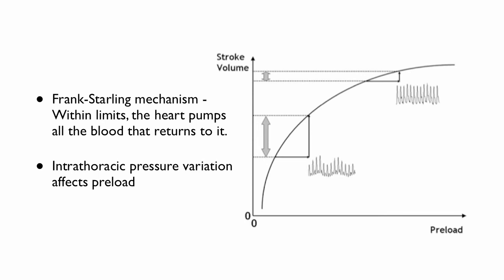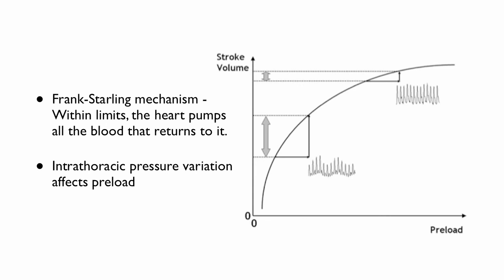Sometimes the graph is drawn with CVP or pulmonary artery occlusion pressure as the preload, if that's what they're using. And then on the y-axis they've drawn stroke volume. Sometimes that's shown as cardiac output, but essentially if the heart rate doesn't change, then the cardiac output is related to the stroke volume.